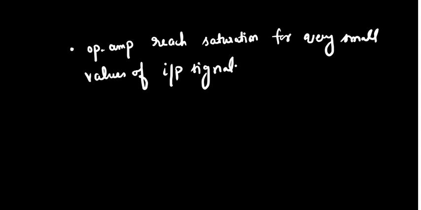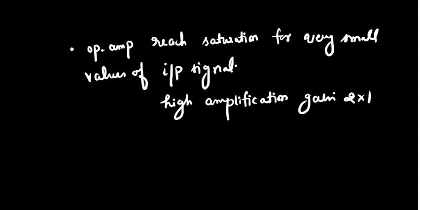And what was the reason of that? The reason was the high amplification gain. It was of the order 2 into 10 to the power 5. Because of this, you have seen that your output will go outside the saturation range.